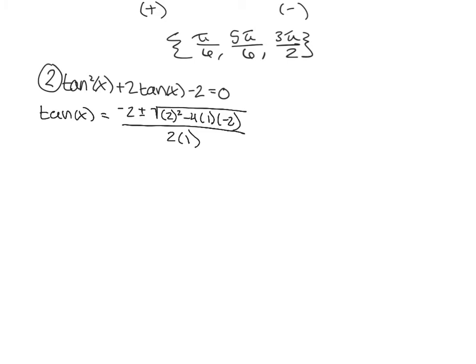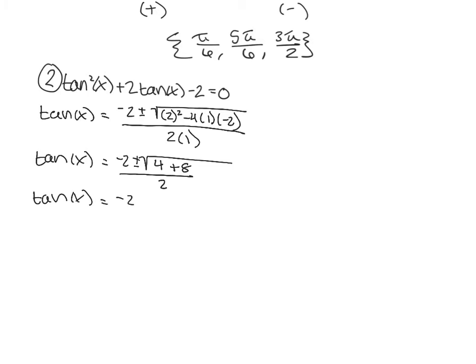So let's see where this gets us. All right, so we got -2 plus or minus the square root of 4 plus 8 over 2, which means that tangent of x is going to give us -2 plus or minus the square root of 12 over 2.